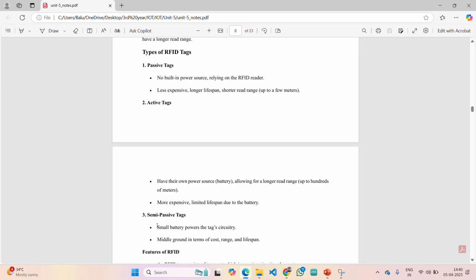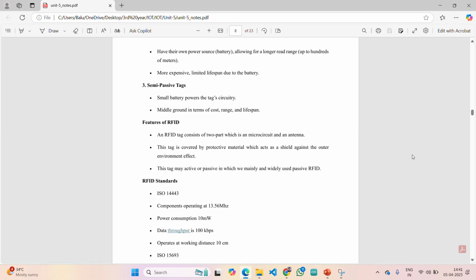That's the reason they are not named semi-active, but semi-passive. Though they have their own power source, their behavior is similar to passive tags. That's the reason this third type is known as semi-passive tags.